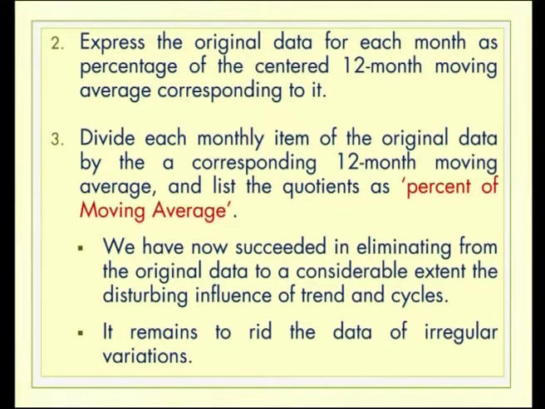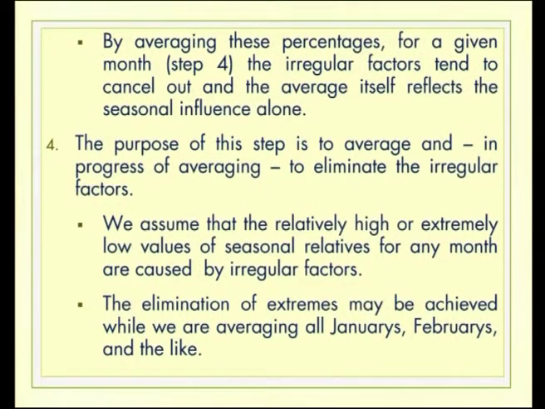So, it remains to get rid of the irregular variations. By averaging this percentage for a given month, the irregular factors tend to cancel out and the average itself reflects only the seasonal influence. So, the purpose of this step is to average, and in the process of averaging to eliminate the irregular factors. When you take the 12-month total and center it, the influence of trend and cyclical fluctuation goes out.